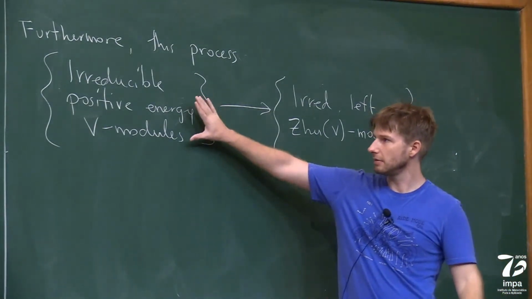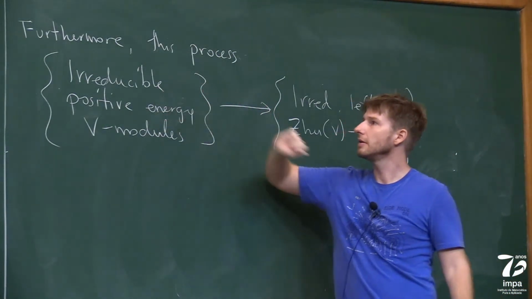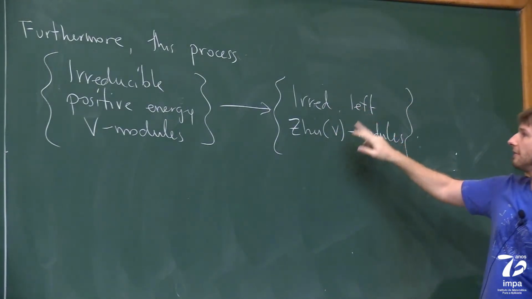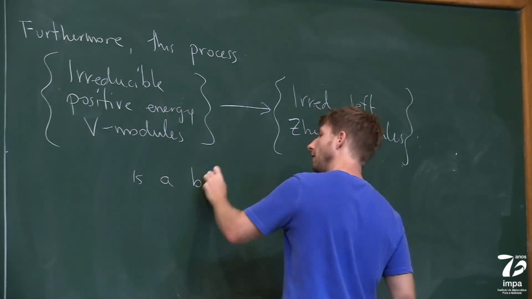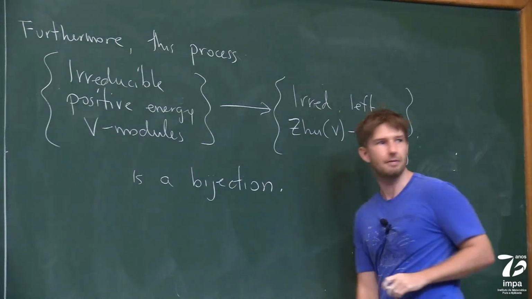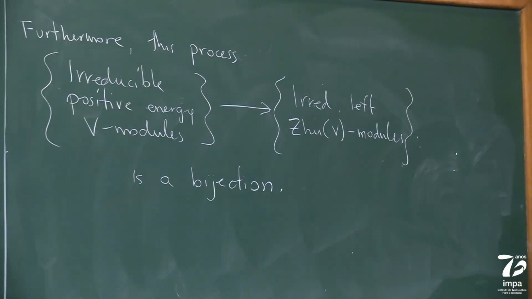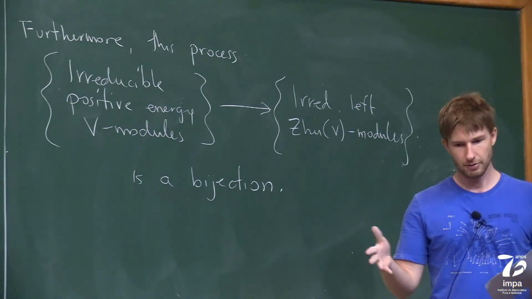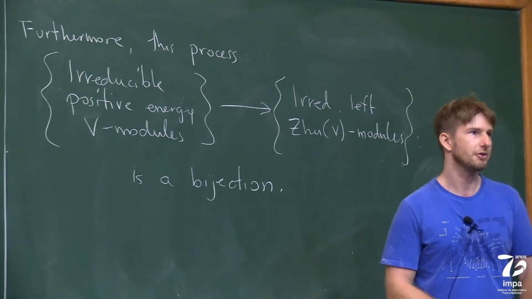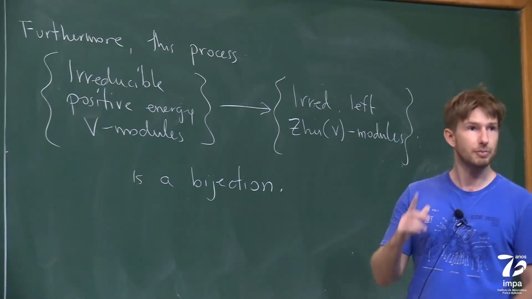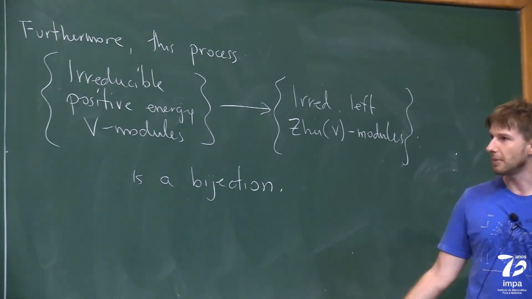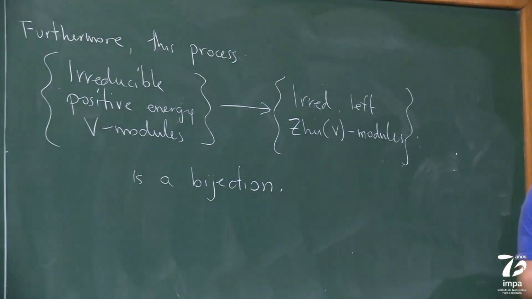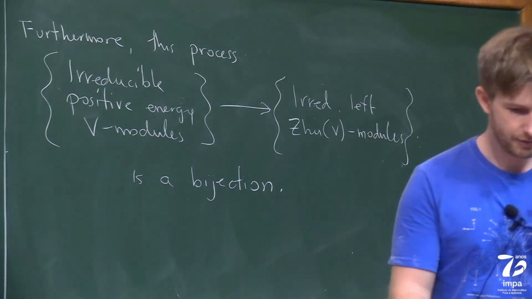If we do this process for irreducible modules, it's easy to check that the results are irreducible left Zhu V modules. And in fact, this is a bijection. So really, this algebra does far more than you would ever have imagined such a construction would do. It really knows all the irreducible positive energy modules for the vertex algebra, with essentially no assumptions on the vertex algebra. So it's a very powerful tool, but I've gone over time already, so I'll stop there.